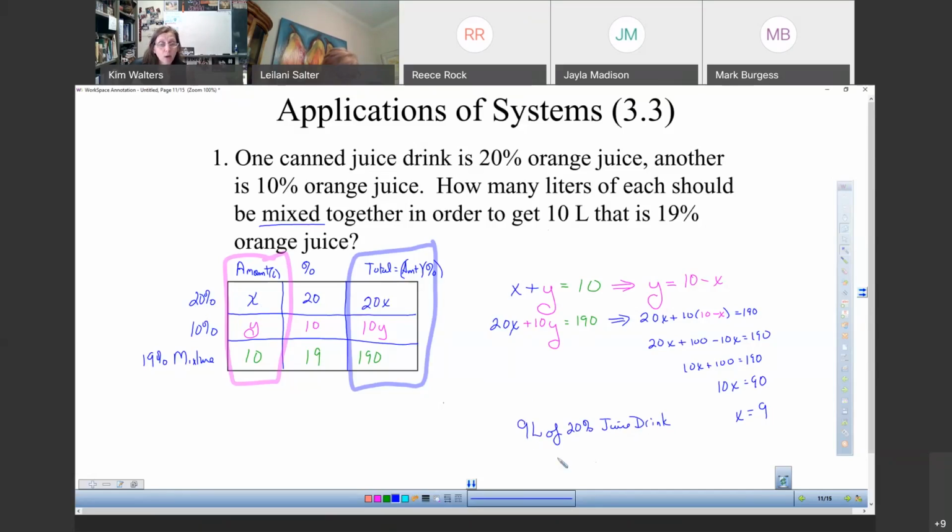I need to know how many liters of the 10% juice drink I'm going to have. I am open to suggestions. How many liters of the 10% do I need? Either a verbal answer or a chat answer.